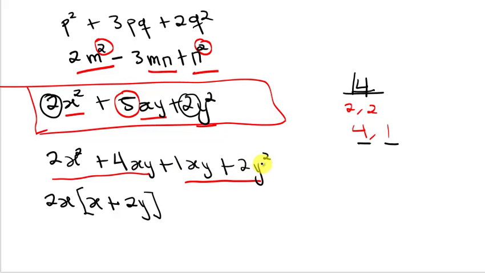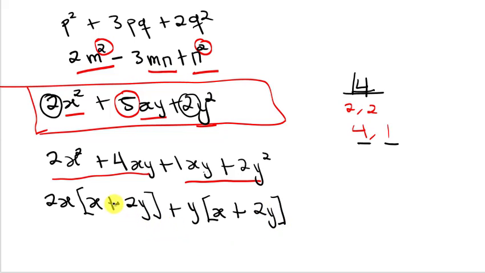You move on to the last two terms, that is the xy plus the 2y squared. Once again, you look out for the common factor there. In this case, the common factor is y. So the y comes out, you open your bracket, and for the 1xy, when you factorize y out, you are left with x. So you bring your plus. Once again, for 2y squared, when you factorize y out, you are left with 2y.